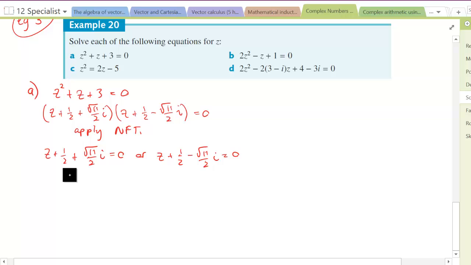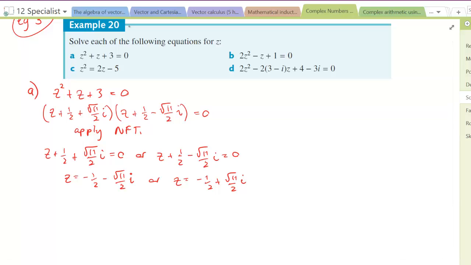When we isolate z in each of these scenarios, we get z is equal to negative 1/2 subtract root 11 on 2, or z is equal to negative 1/2 plus root 11 on 2, and of course don't forget the i's again. Now I'm going to take an alternative approach. If you have this skill and you're good at completing the square with these complex numbers, then you'll just go down this path, complete the square, and use null factor theorem to isolate the unknown.